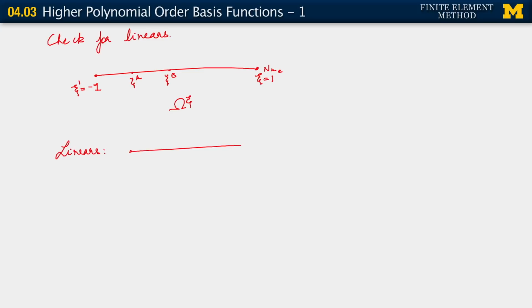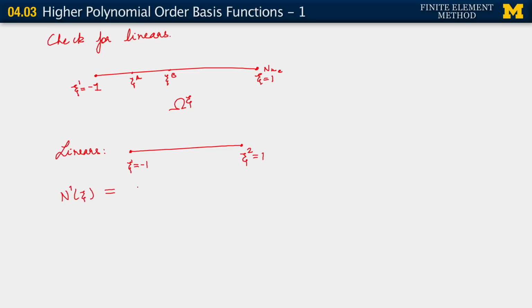So in this domain, we have ξ_1 equals -1, ξ_2 equals 1. So let's construct our polynomials from this formula.